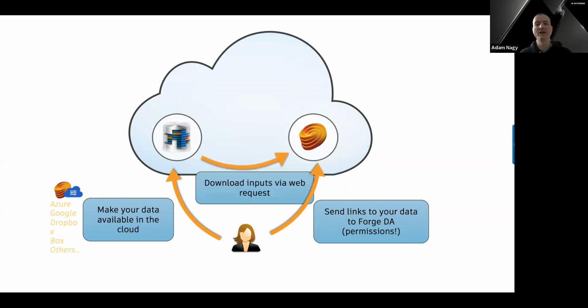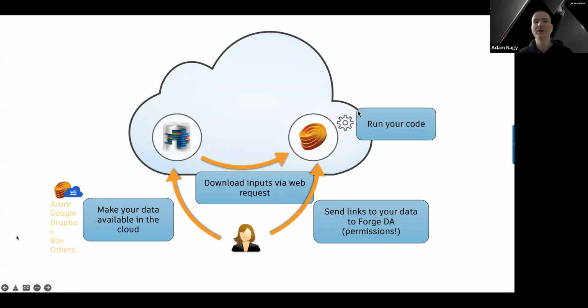So when the processing starts, the first thing Design Automation will do is download the input files. Then it's going to run your app bundle that you specified. When you're running a work item, you're running a so-called activity, which provides a template of what exactly should be happening, which app bundles should be loaded into Design Automation. Because you can have multiple app bundles, you can specify which app bundle you want to use for the given work item.